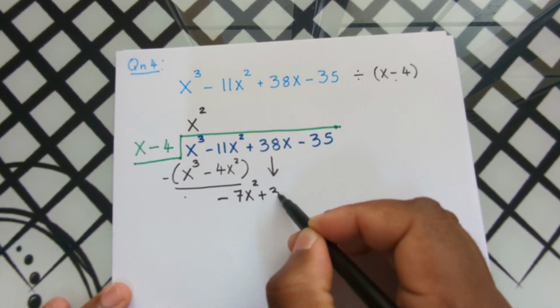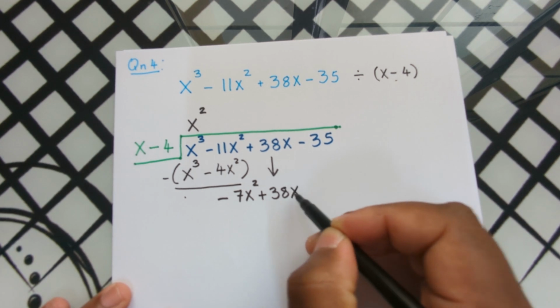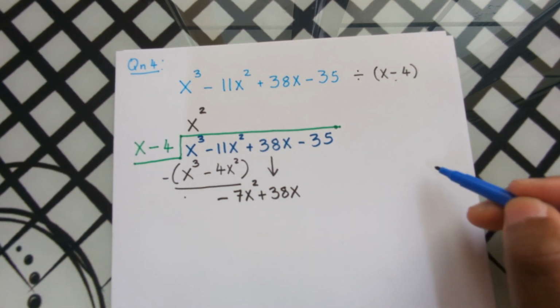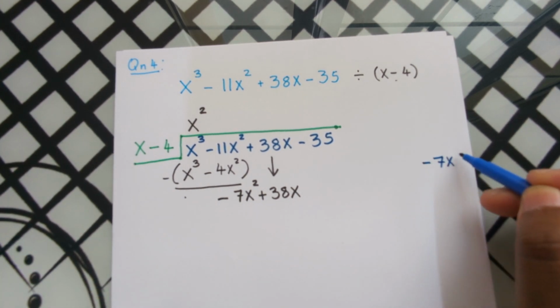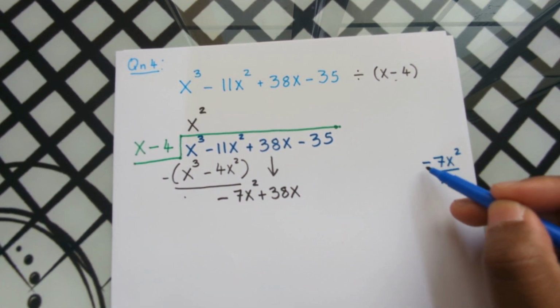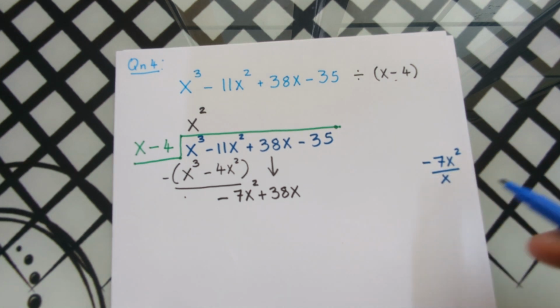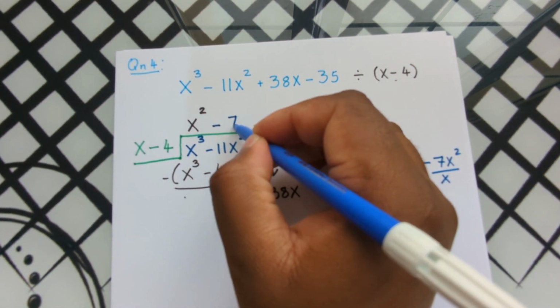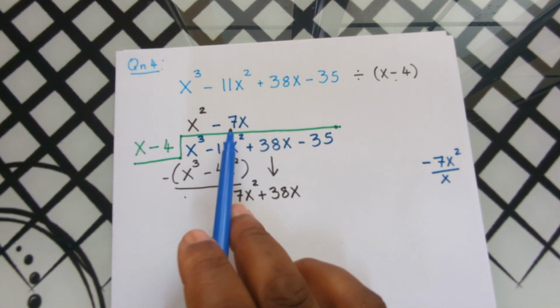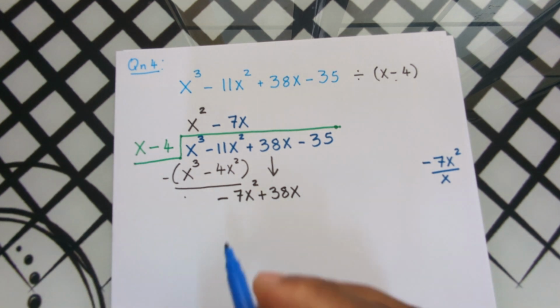In this case, it is positive 38x. We repeat the same process of dividing first. So let's divide negative 7x squared divided by x. If you divide this, you are going to remain with negative 7x. And then let's multiply negative 7x multiplied by x.